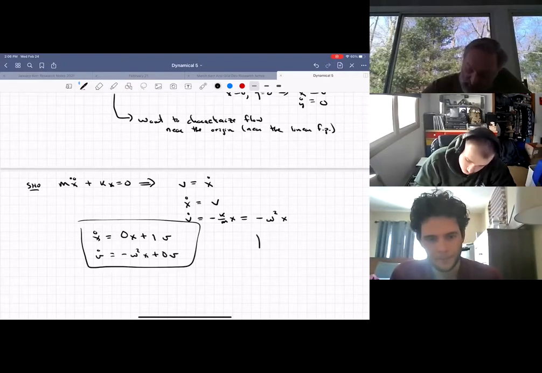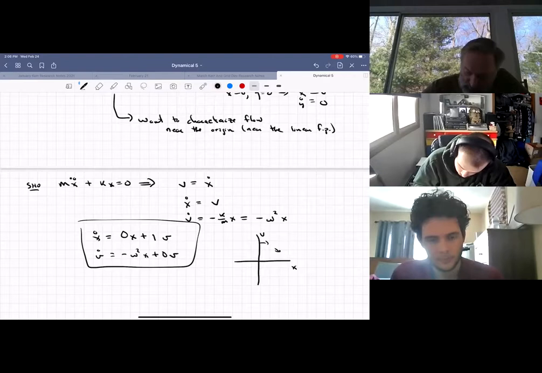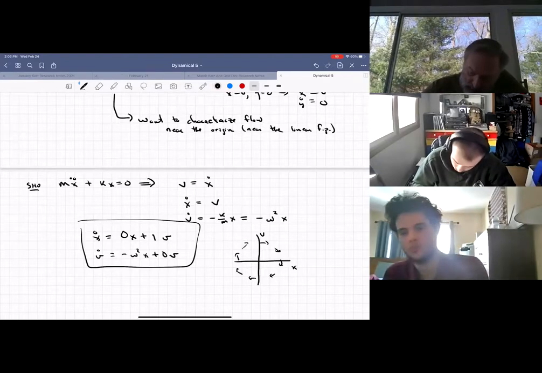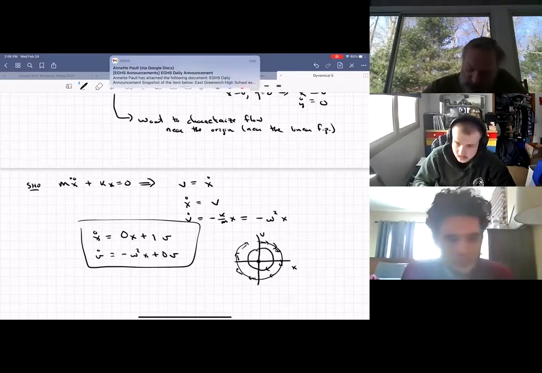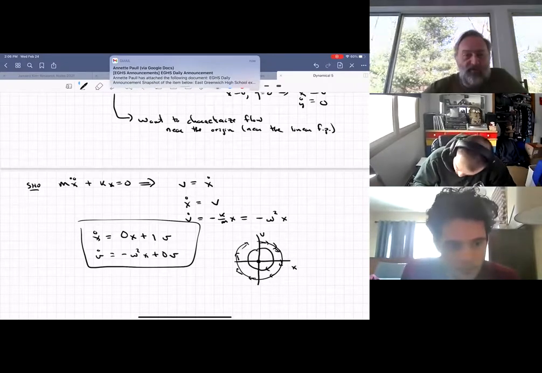And the solution in phase space to the harmonic oscillator, we know, is just closed orbits. And there's a fixed point here in the middle, right? So the origin is a fixed point, but we know that these are just closed orbits.